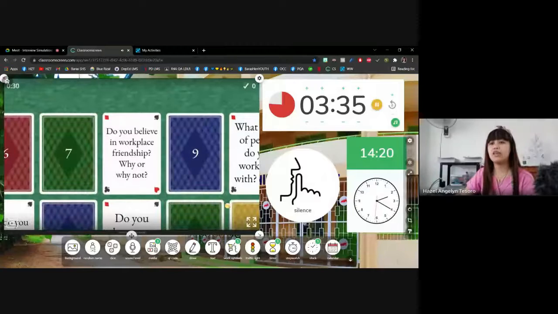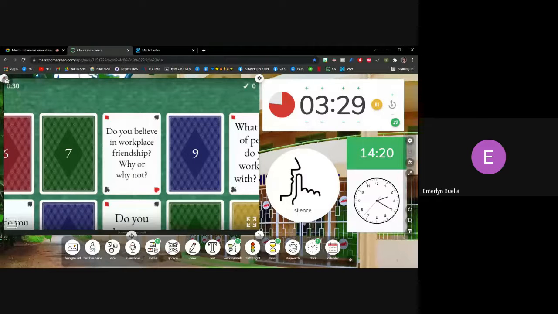Do you believe in workplace friendship? Why or why not? Yes, ma'am. Kasi kung wala kang friends sa katrabaho mo, magkakaroon ka ng problema kung wala kang communication sa kanila.